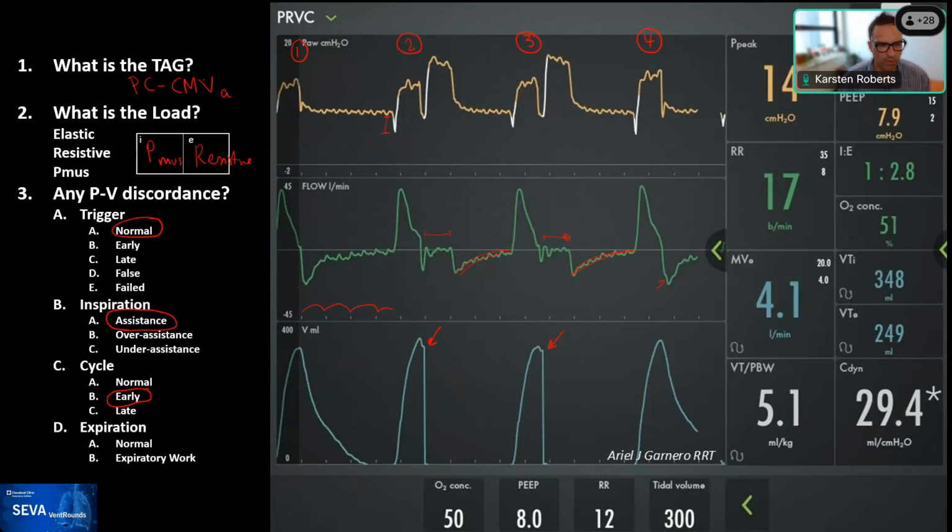So it's important to identify that this is an early cycle. And before we continue with that line of thought, I think it's important to identify what's happening during the expiration also.